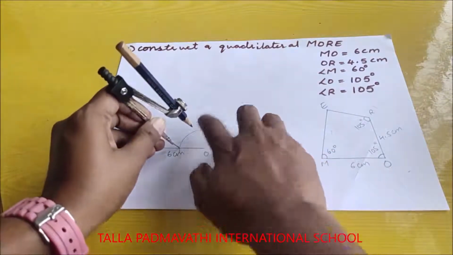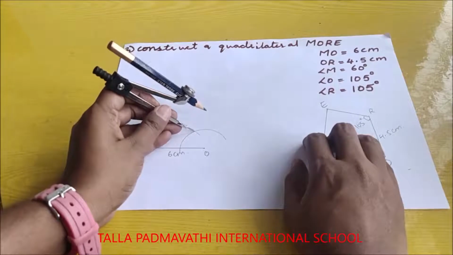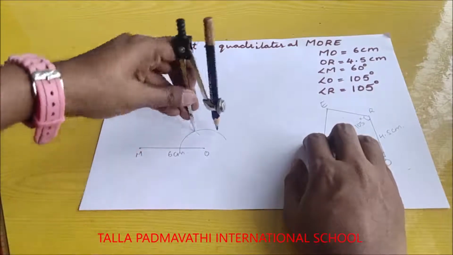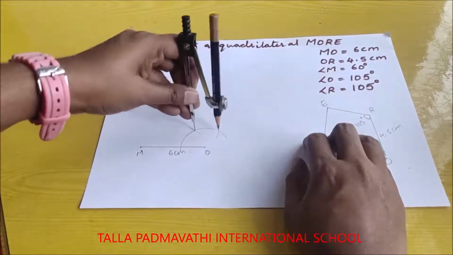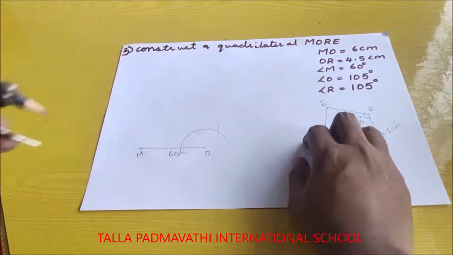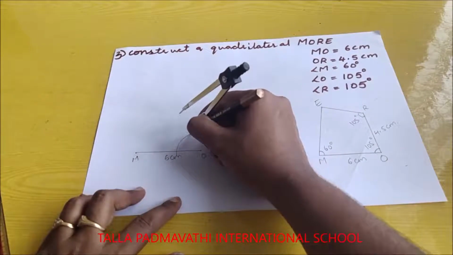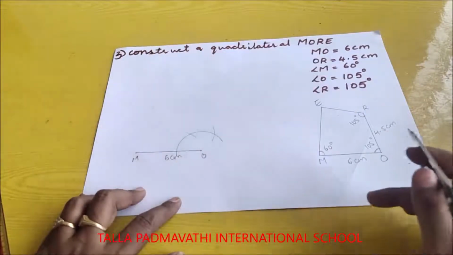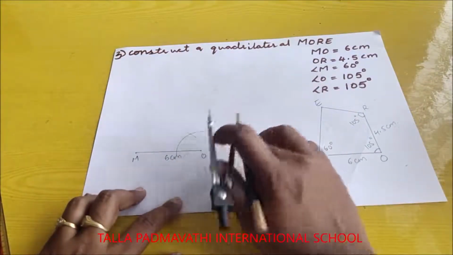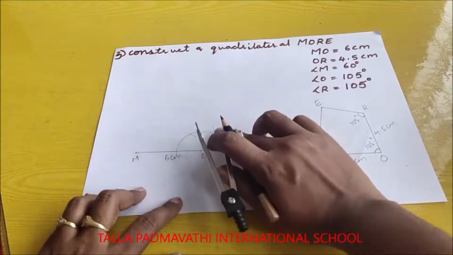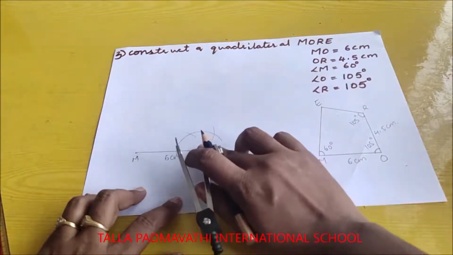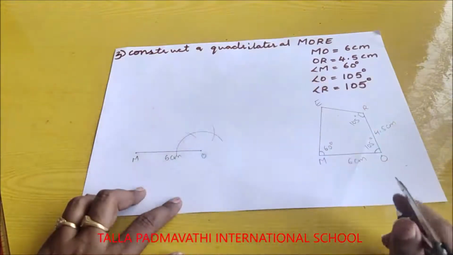And again, children, at this point with the same radius, again draw one more arc on the semicircle. Now see here, children, if you join this point and this point, then it is 60 degrees. Suppose if you join this point and this point over here, then it will be 120 degrees.